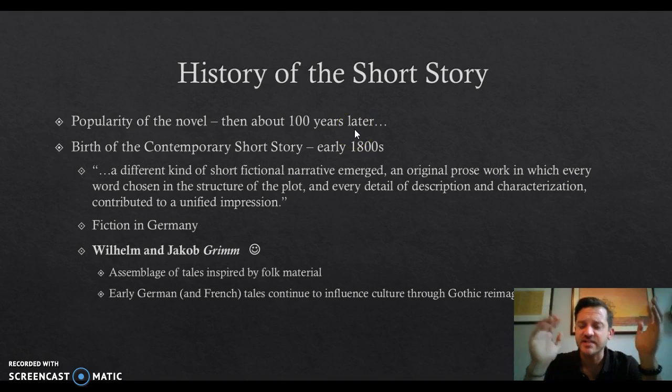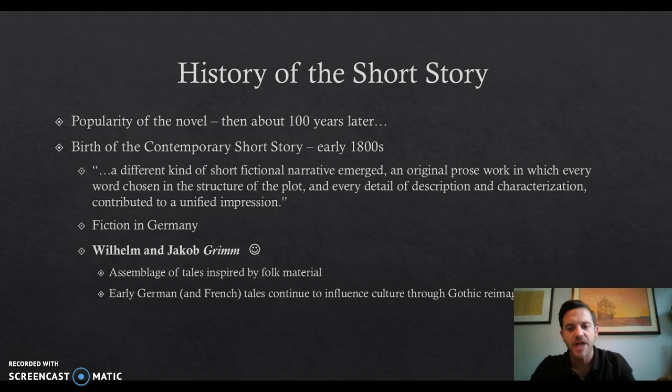Very focused and deliberate decisions must be made. I'll argue, and a lot of writers will argue that that's true of all literature, of all fiction, but in the context of this course, it's crucially important in short fiction. So we're just going to focus on the short fiction aspect.